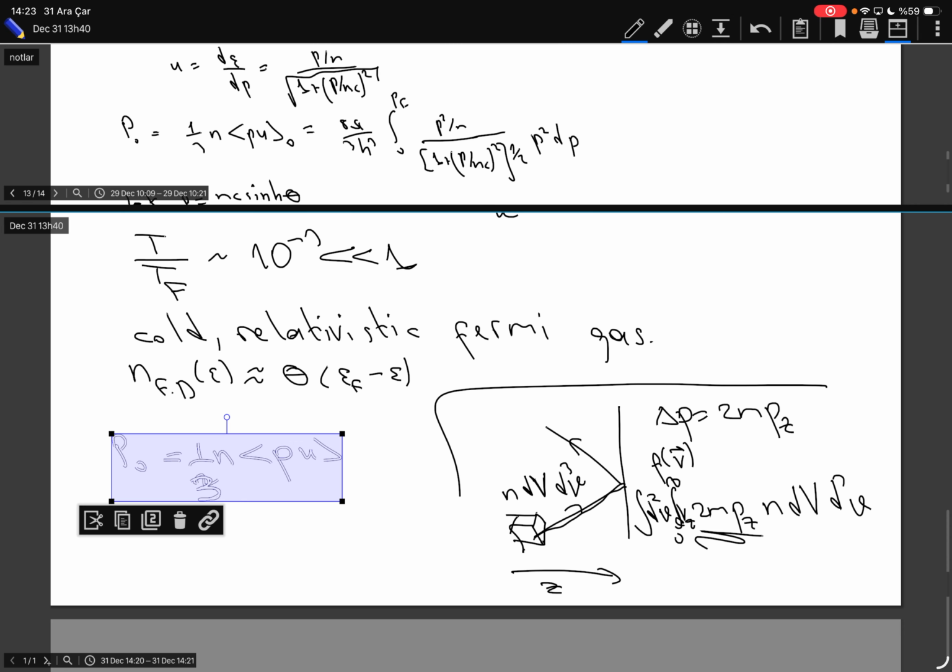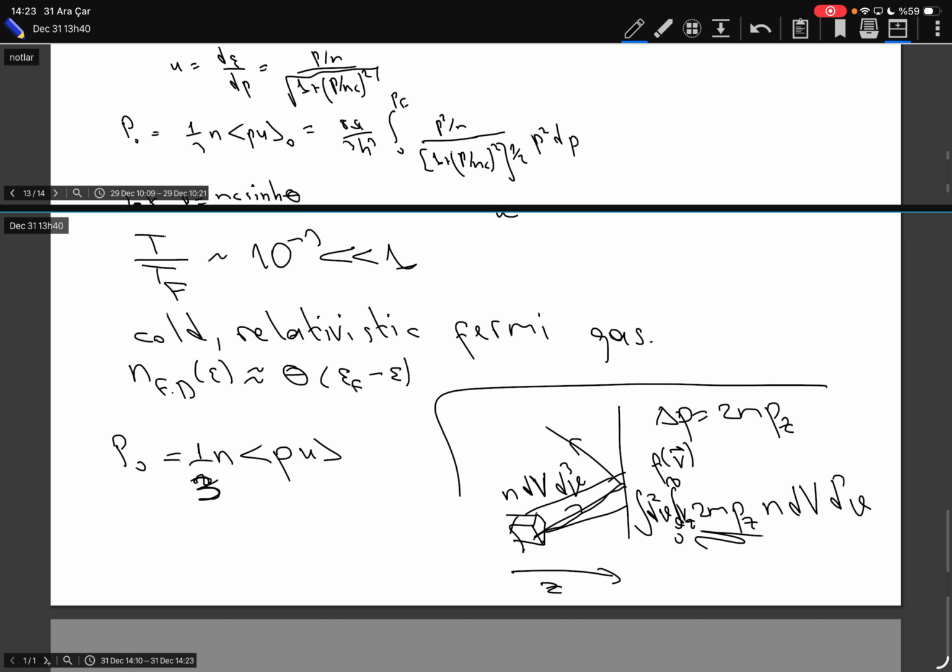We have the momentum transferred, and this volume has a length, let's say v times dt. The volume is just dA dot v dt. This is all the relevant volume.